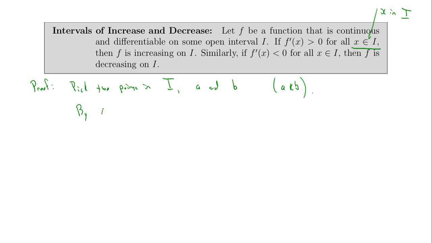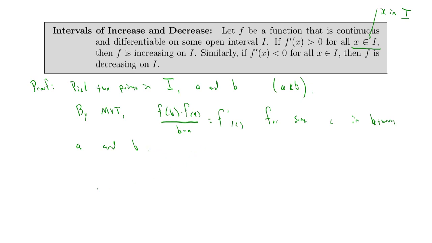Then, by the mean value theorem, we could look at the rate of change between those 2 points that we've picked, and we could say that this is exactly equal to the derivative. And this derivative is just the derivative evaluated somewhere between there. So we'll say for some c in between A and B.